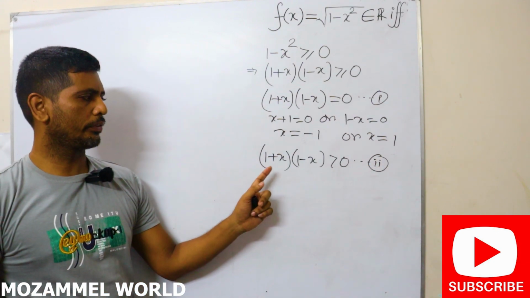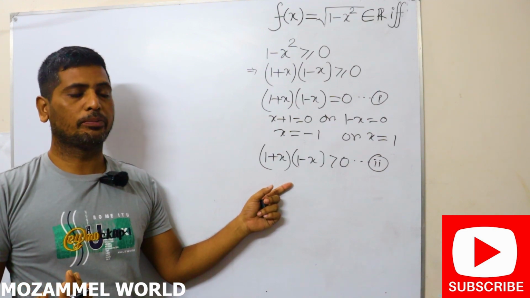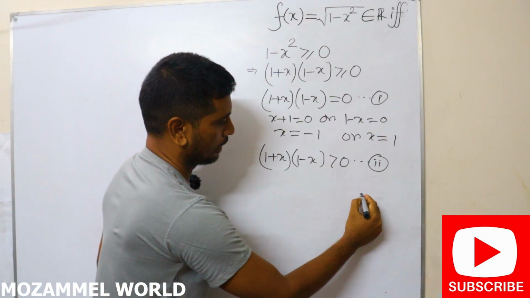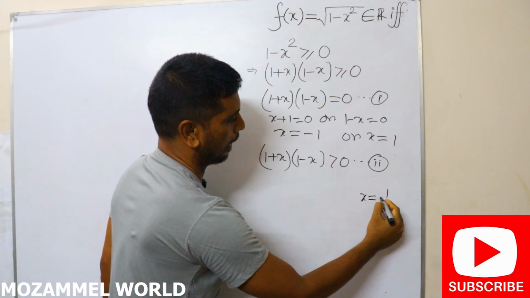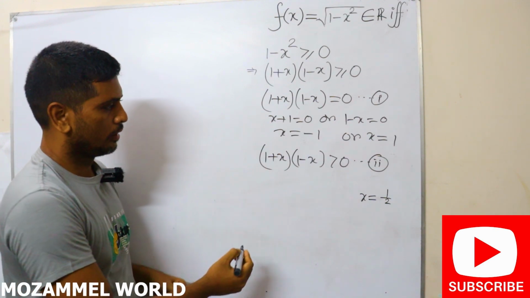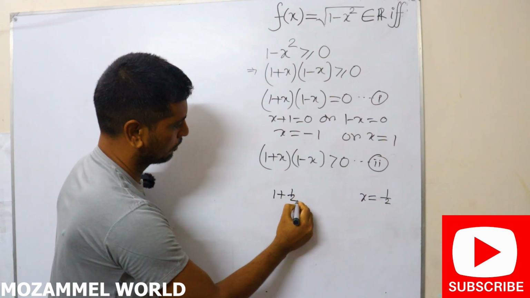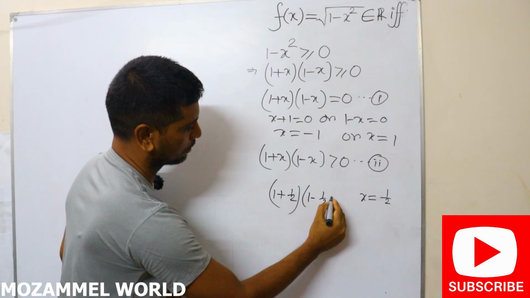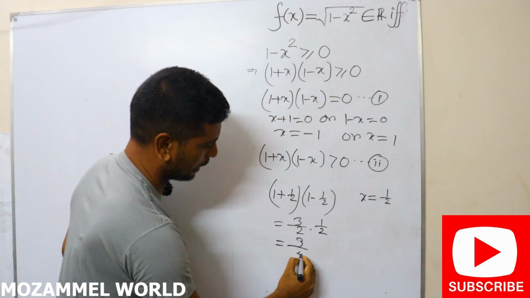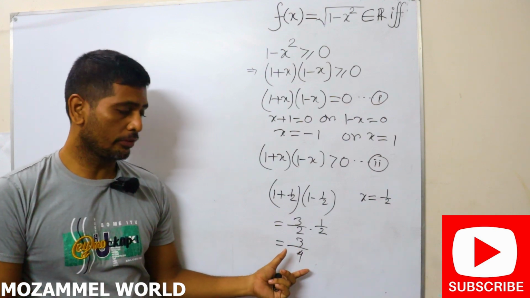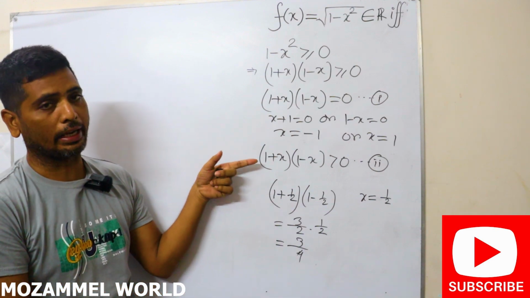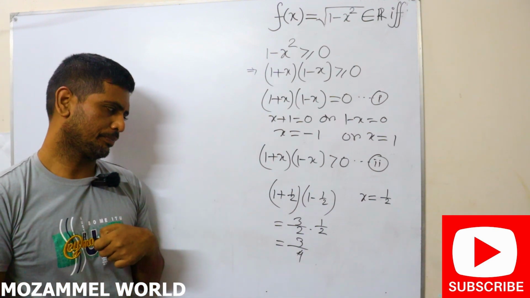Now, if I put a value of x that lies between minus 1 and plus 1, suppose x equals half. If I put this value in here, I am going to get 3 over 4. So 3 over 4 is a positive number. That means x equals half satisfies condition 2.